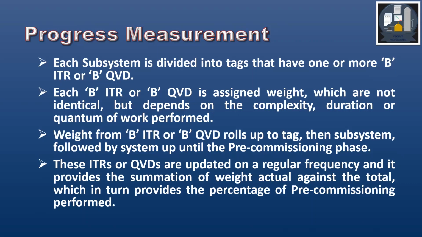So we have a total weight as we have seen, and as we complete, we keep on adding the actual weight. After each update on a regular frequency, which is determined based on the scenario, maybe weekly or something like that, we see what is the actual weight against the total weight of pre-commissioning, and we can see what percentage of pre-commissioning activities we have completed.